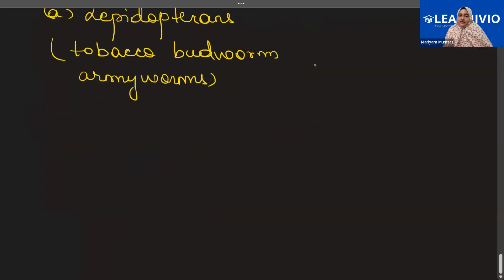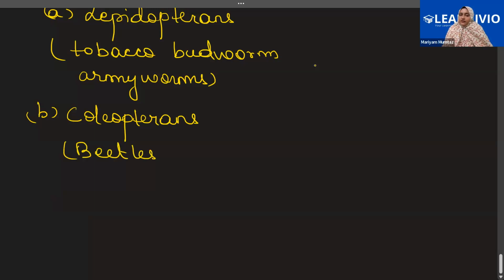The next class of insects that they affect is known as the Coleopterans. In this come all the beetles. Whenever these beetles come and eat the plant, they'll have problems.